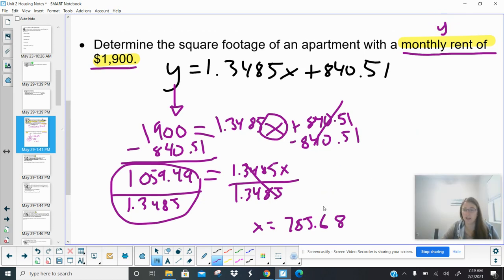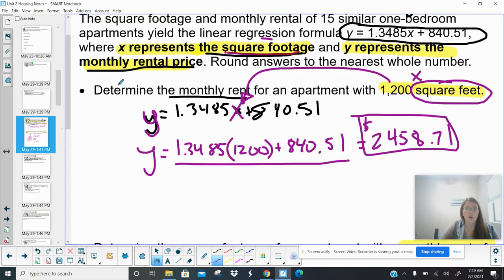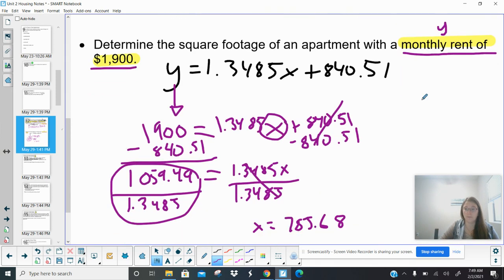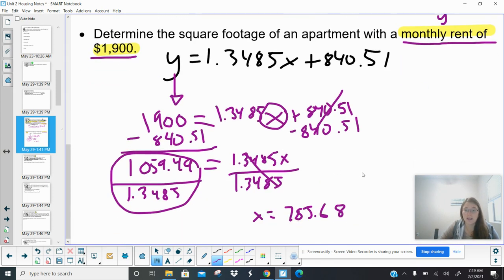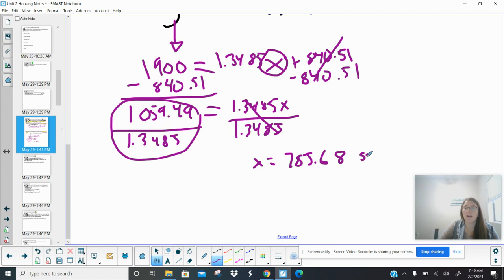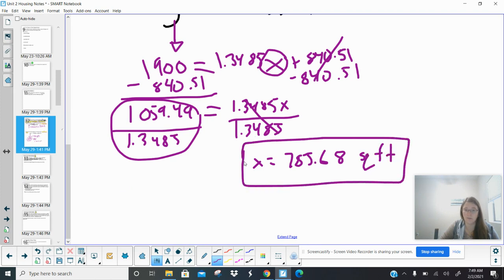Now, you're not going to get marked down for this because when you do your test and your homework, you don't use units anyways, but I want you guys to see the difference. We found the monthly rent here, which is why I put a dollar sign on this. So this question was, for this size apartment, this is how much it might cost you. This question is different. For this much money, this is how much square feet you can get. This is the size of the apartment, right?